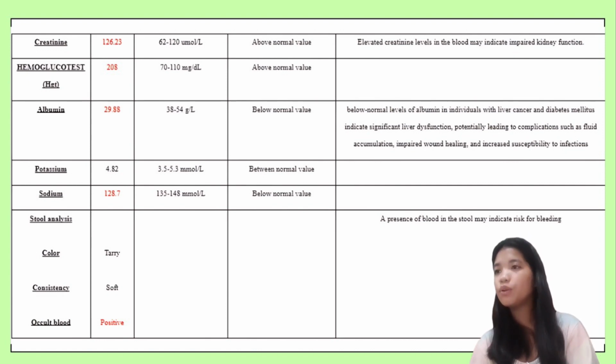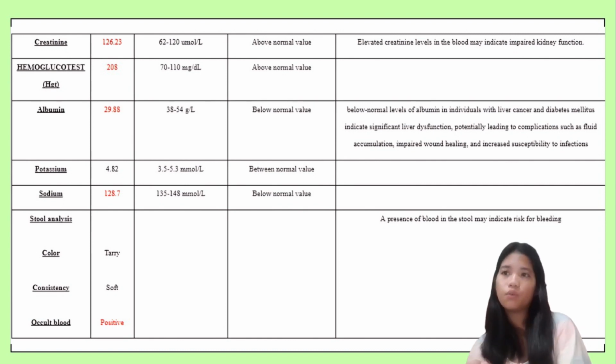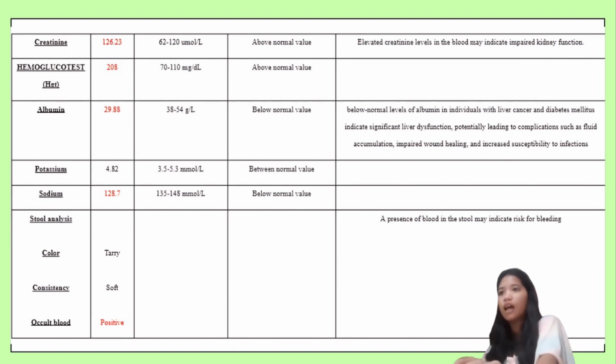In the hemoglobin test, the result is 208 and the normal value is 70 to 100. So the patient is again above normal.